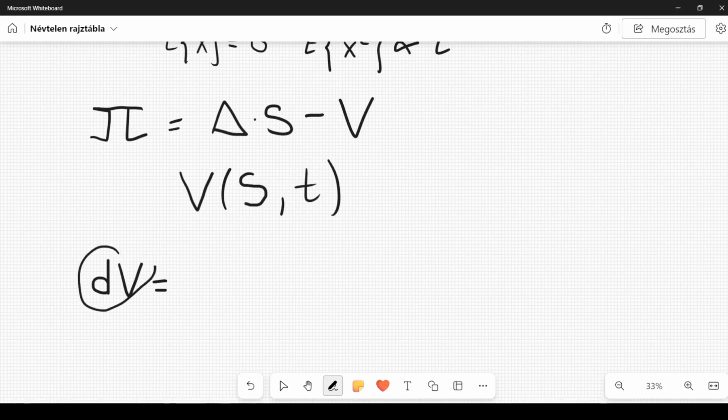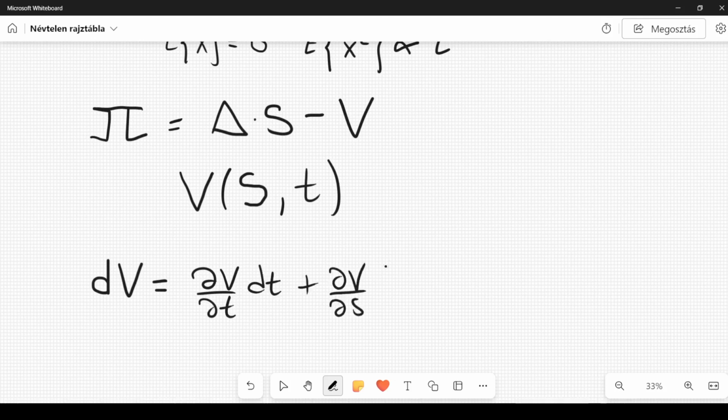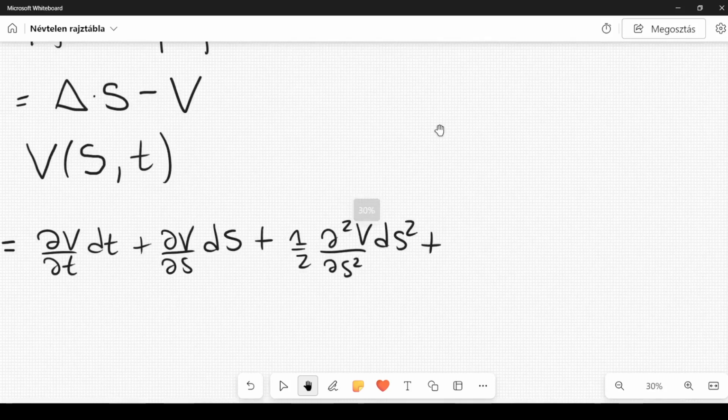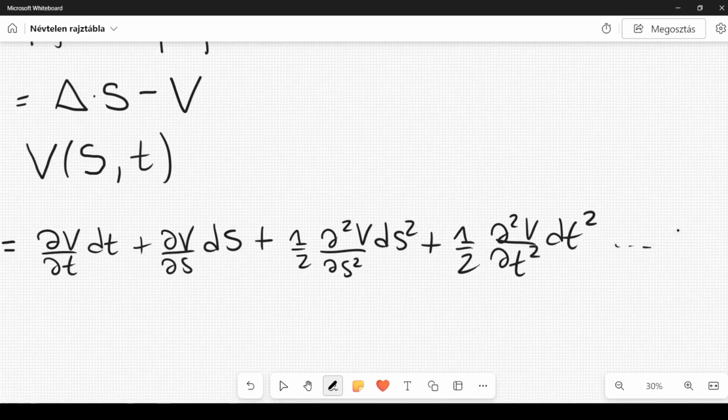We can expand this in a Taylor series with respect to dS and dt, and we can write dV = (∂V/∂t) dt + (∂V/∂S) dS, and we can also have second order terms of the kind 1/2 (∂²V/∂S²) dS², and then we can also have other terms that depend on time, like 1/2 (∂²V/∂t²) dt², and then we also have terms that are proportional to dt dS.